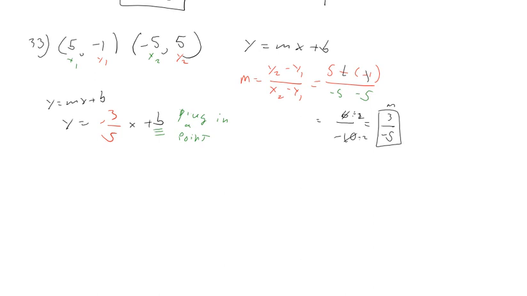So, which one do I use? Doesn't matter. I'm going to use this first one. So I'm going to plug in my x and y. y is negative 1. So negative 1 equals negative 3 over 5 times my x, which is 5, plus b.